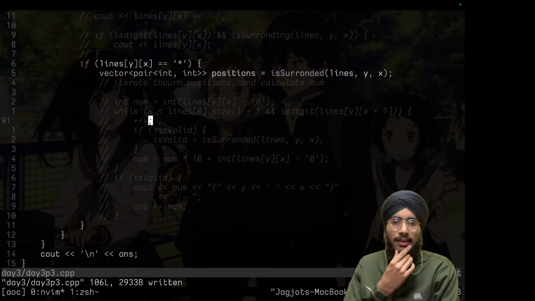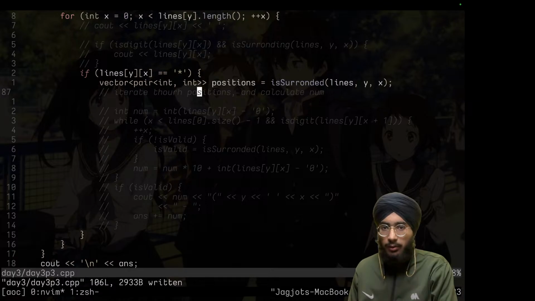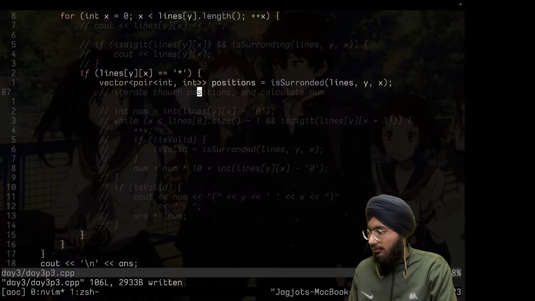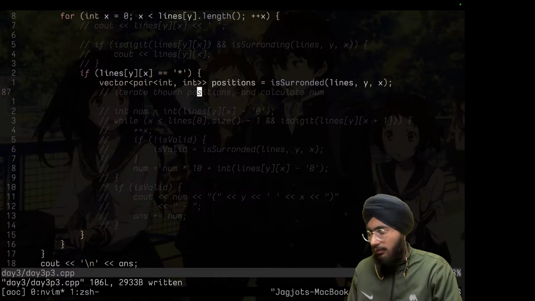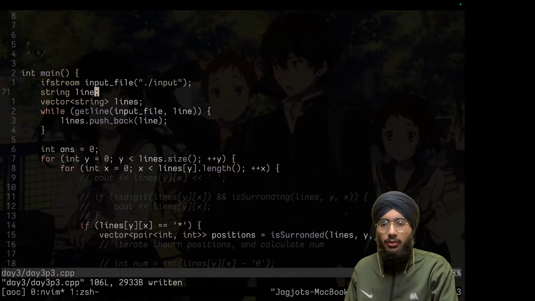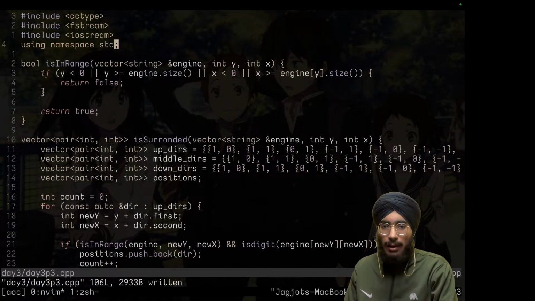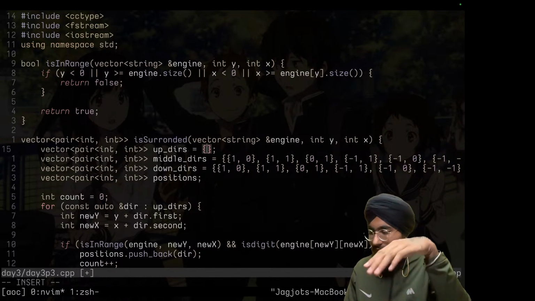Iterate through positions, and we are gonna calculate the numbers just like that, right? It's gonna take a whole lot of time to do that. So first, the most time consuming thing is to set this up. So up dirs.